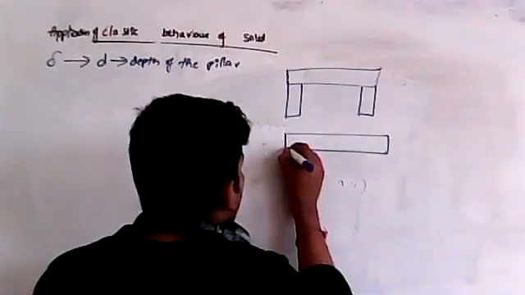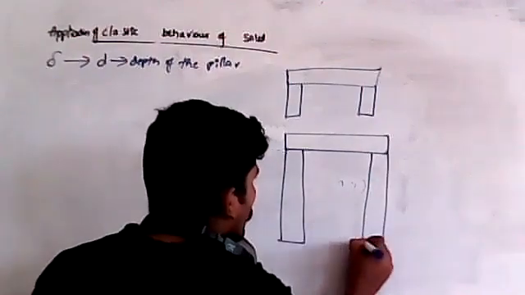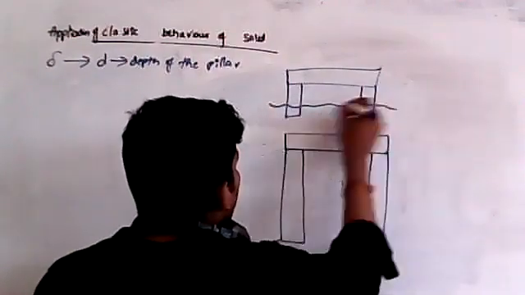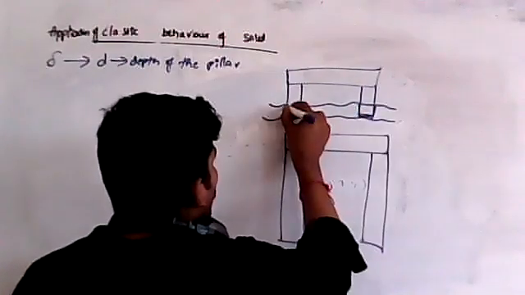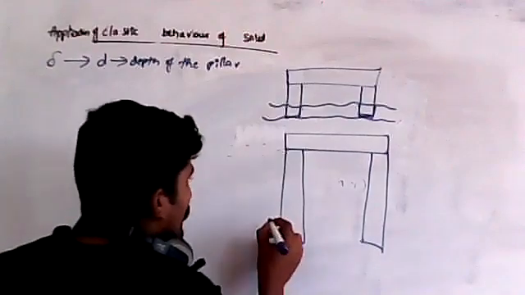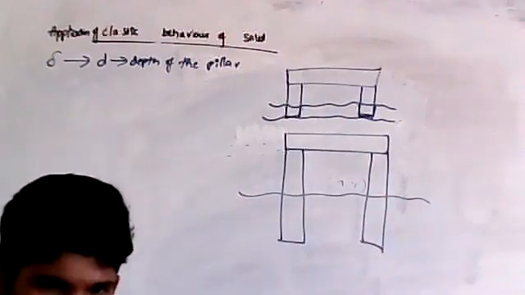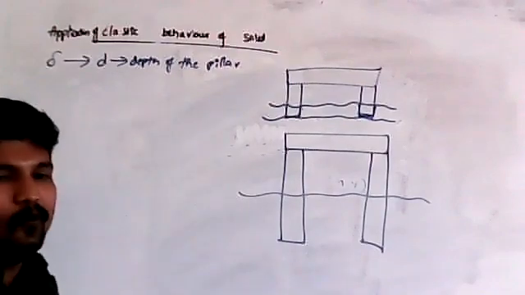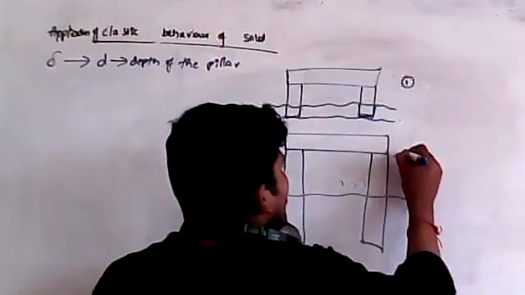Is there any difference? This is the ground level. Here I dig this much, but here this is the ground level. So this is the first figure, this is the second figure.